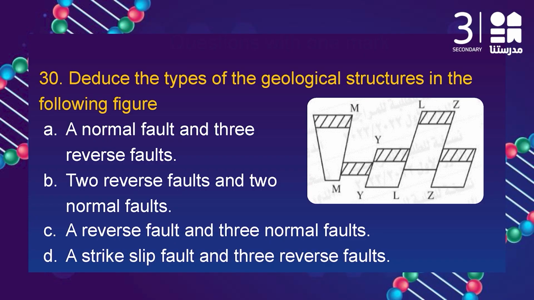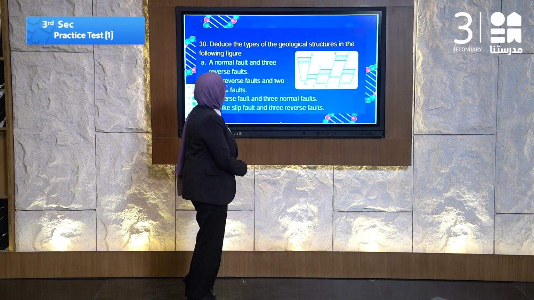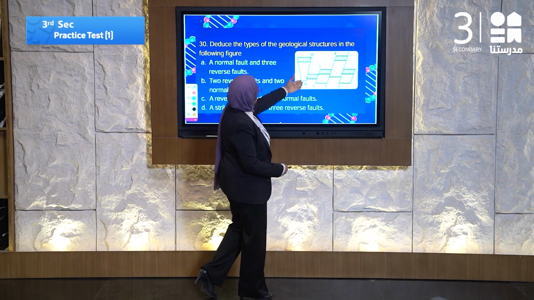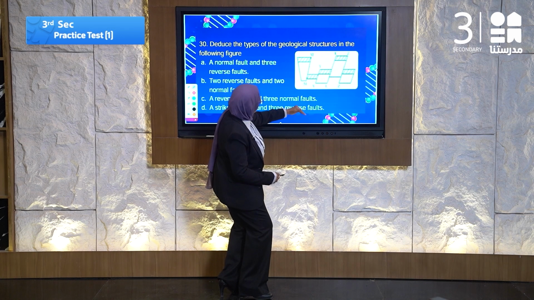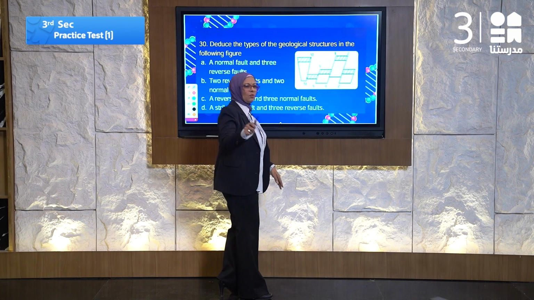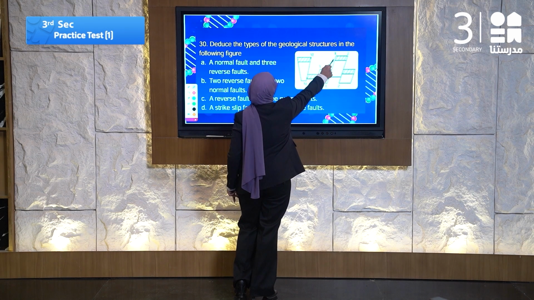Let's go to question 30. Deduce the type of geological structure. There are many types of geological structures. Maybe they found it on their trips. Let's see the following figure. Some parts are high and the others are low. Wow, it's like a ladder. No, not like a ladder, but there is a fault.